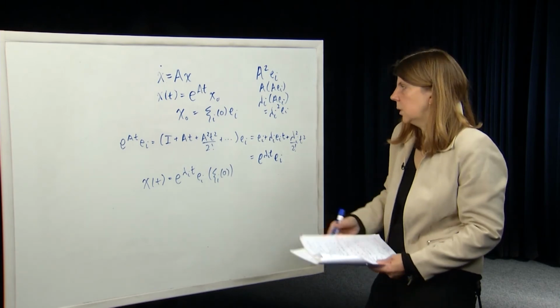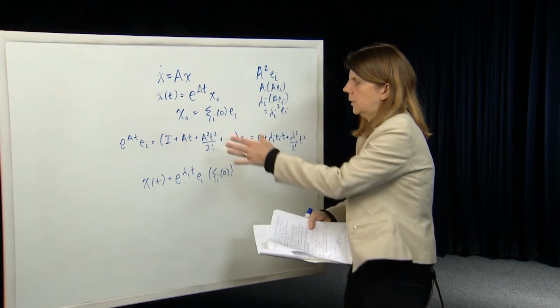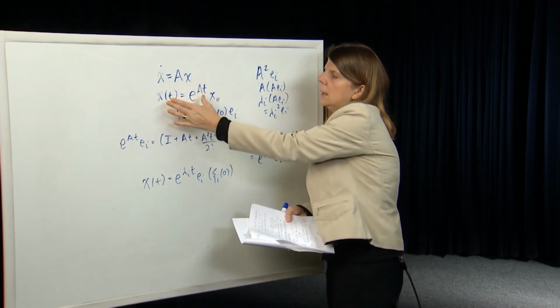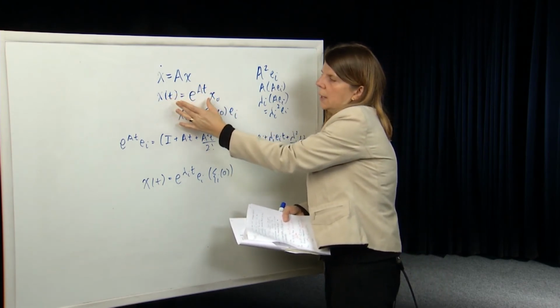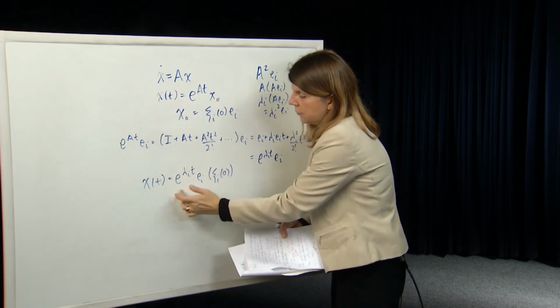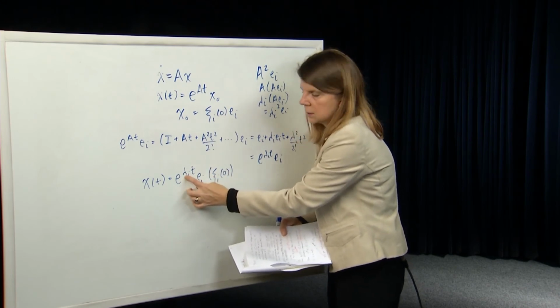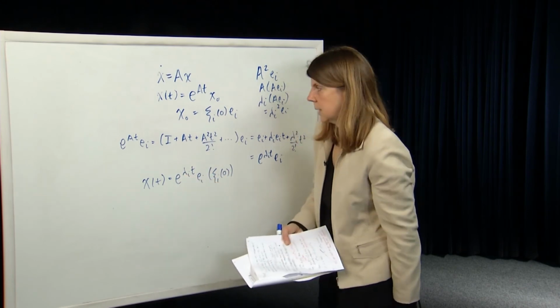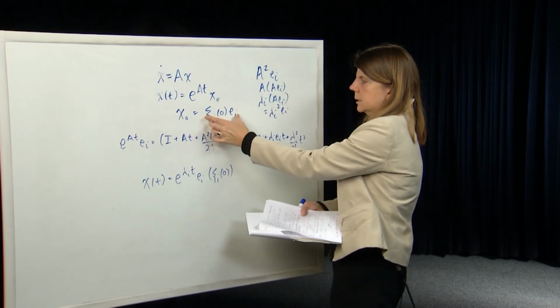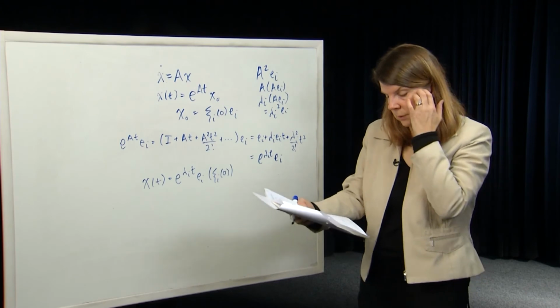In general, if you have an initial condition which is a linear combination of the eigenvectors of the matrix A, then you can write out the solution in terms of a linear combination of these terms. These are called the modes of the system, related to the individual eigenvalues of the matrix A. Okay, so generalize this initial condition now to a linear combination of those eigenvectors.